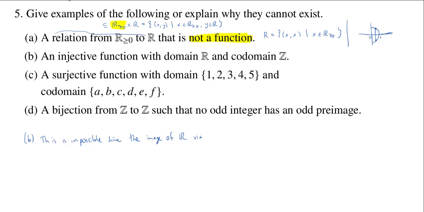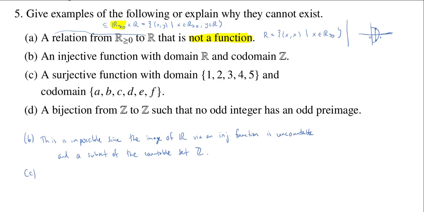So the image of R via an injective function is uncountable, because the real numbers are uncountable. But the image of R is a subset of Z. So the image is uncountable and a subset of the countable set Z, and you cannot have an uncountable subset of a countable set.